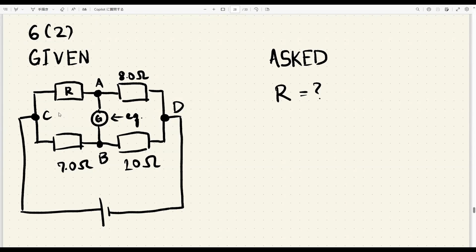Now C and D, so there's a power source here. Now, what we know is that because C is common to both branches, as well as D, and the voltages at A and B are the same, we can actually say that this resistor R here, with respect to this other resistor here, that ratio is actually the same as the ratio here, 7 to 10, because that's the only way the voltages here will be the same, right?